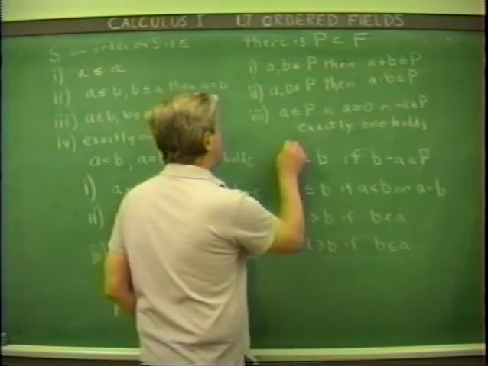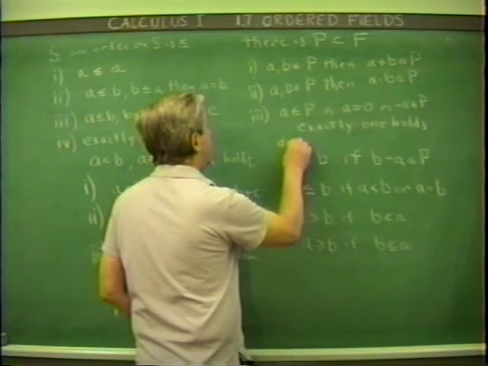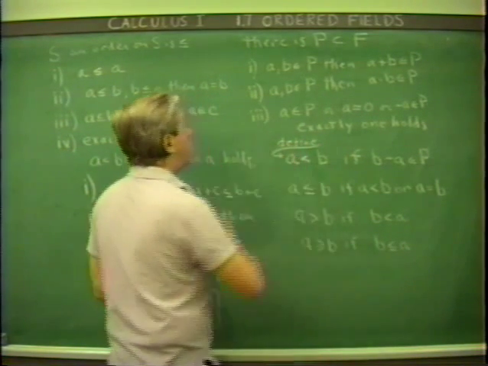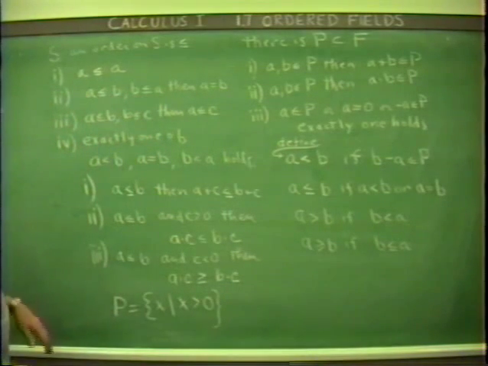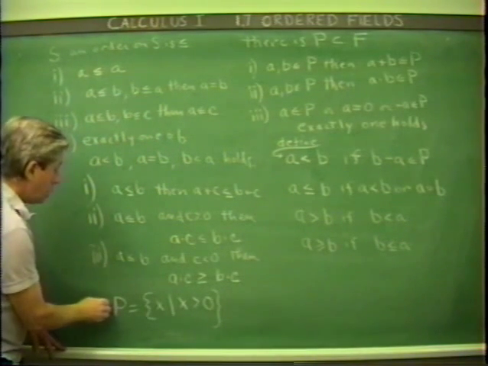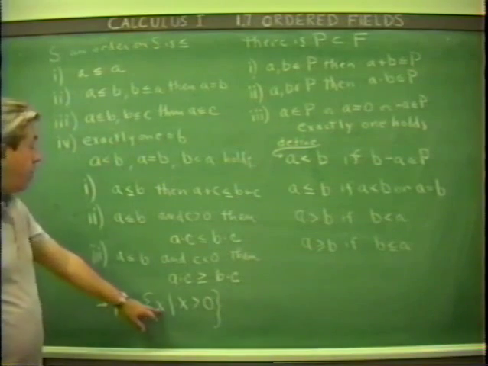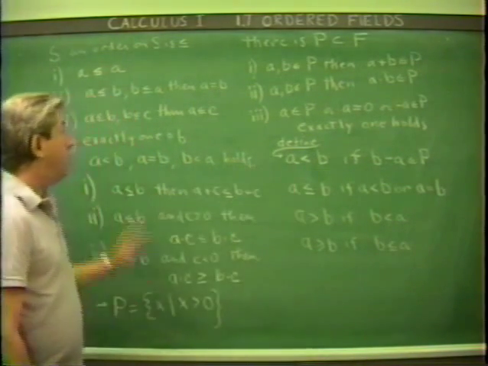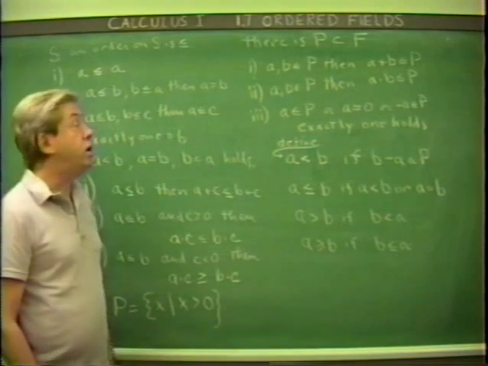If you start with a collection of positive elements, you can then get an order by defining A less than B. Here we define P as the set of X such that X is greater than 0.